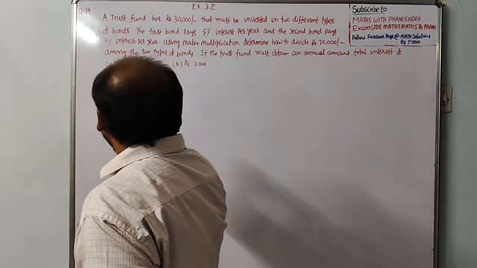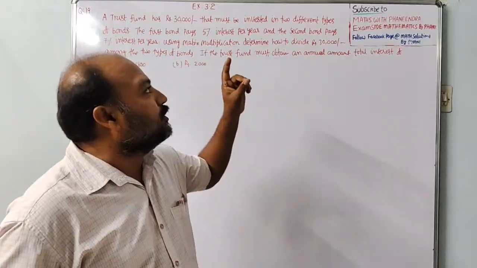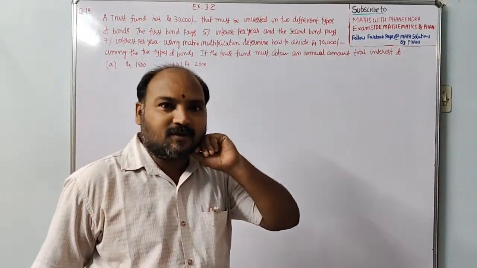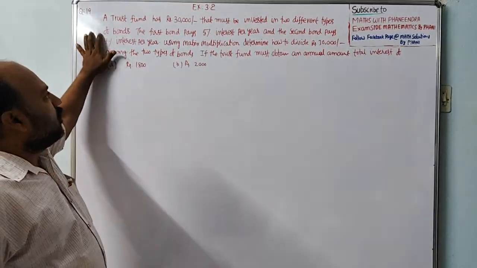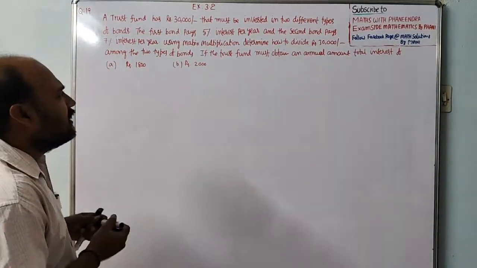A trust fund has 30,000 that must be invested in two different types of bonds. The first bond pays. First, let X be the amount a person invested.